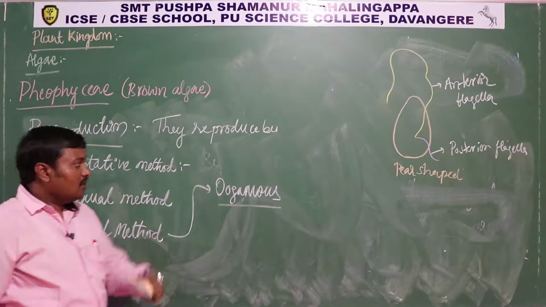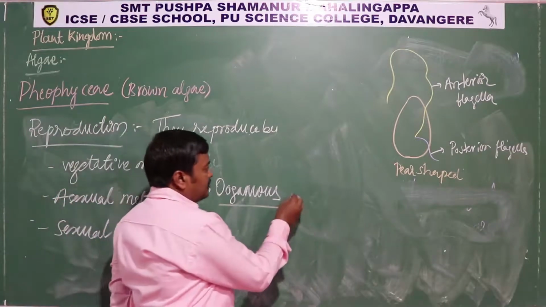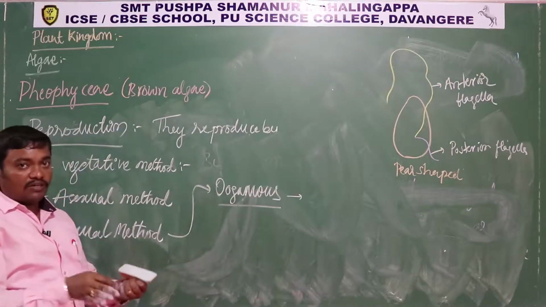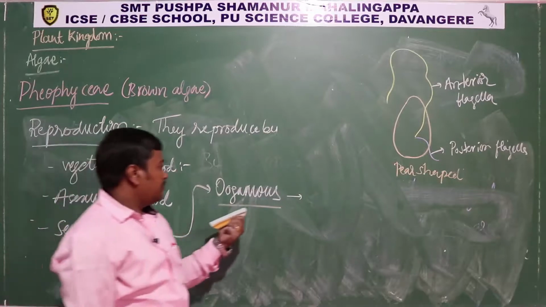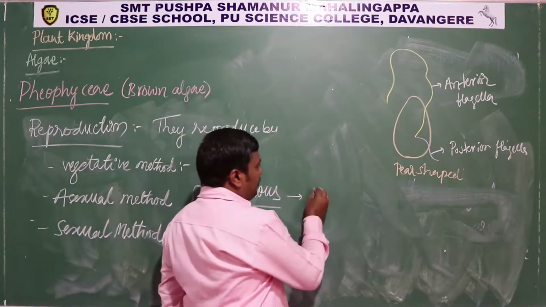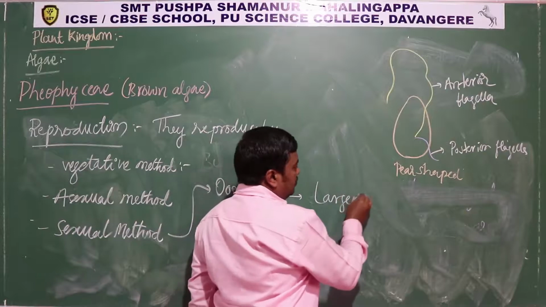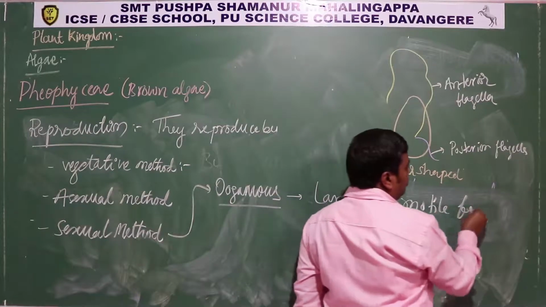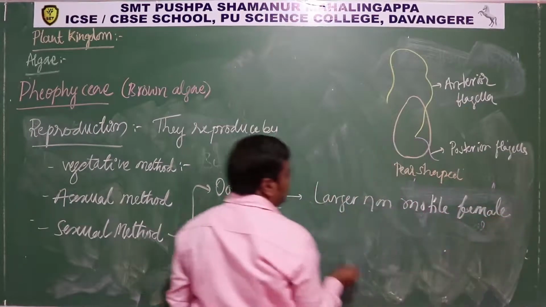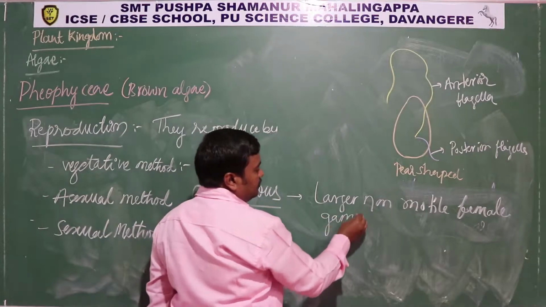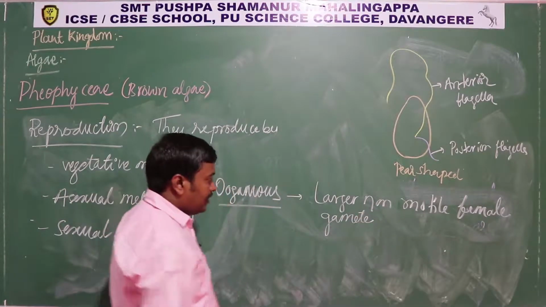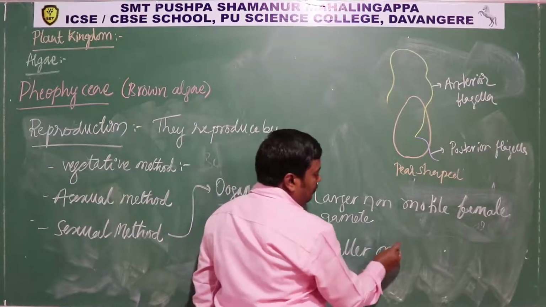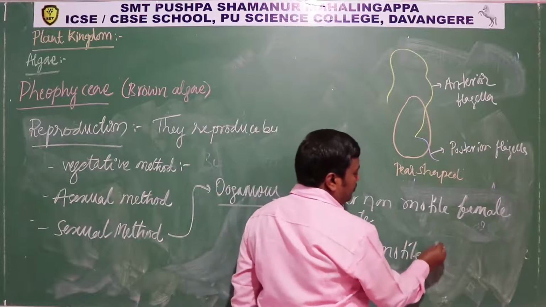Oogamous means the fusion of gametes may take place outside the body, that is in the water, or inside the oogonium. In oogamy there is a larger, non-motile female gamete and a smaller, motile male gamete.